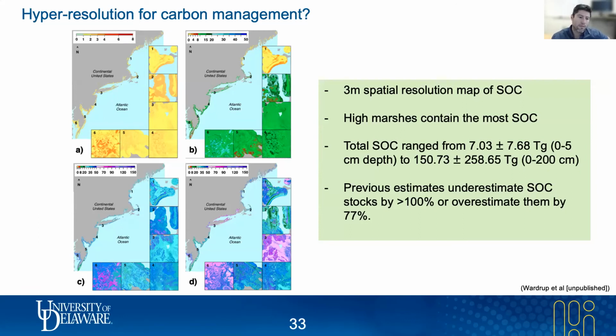This is a study that a student in my group, Jocelyn Wardrop, is working on, developing soil carbon maps in coastal wetlands at 3-meter spatial resolution. Is this enough? How accurate are these results? And there's a big challenge when we compare these numbers of hyperspatial resolution of soil carbon with national estimates of soil carbon or global estimates.